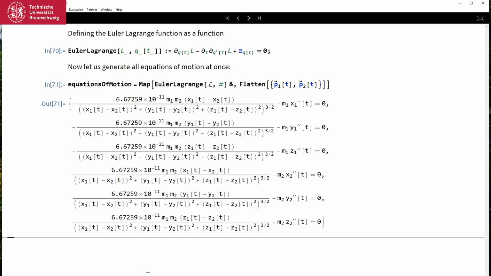Let us try this: I take this times 5, and I say end.